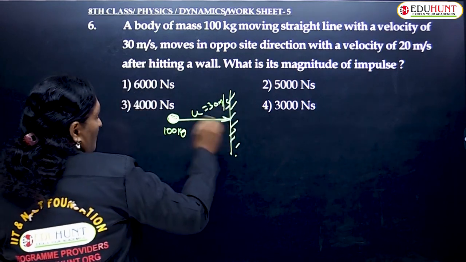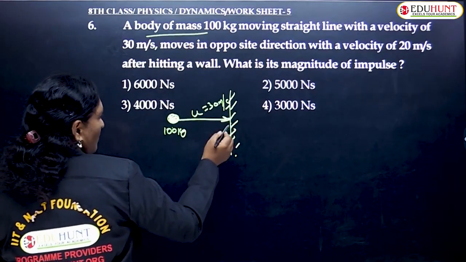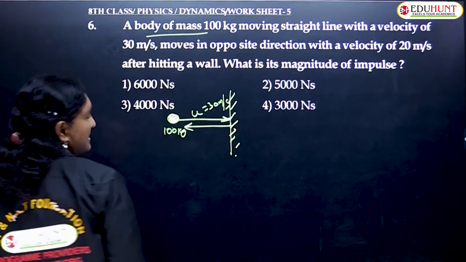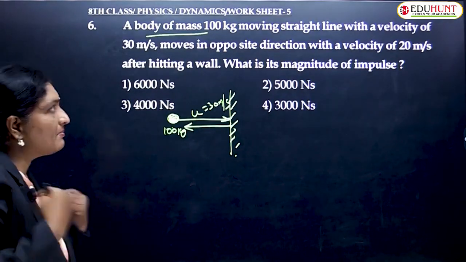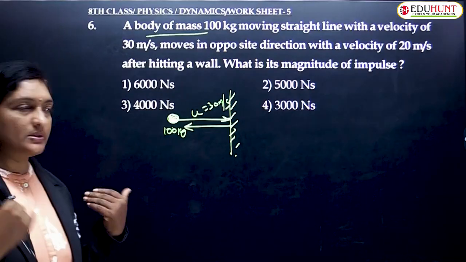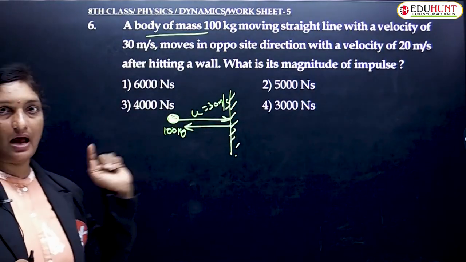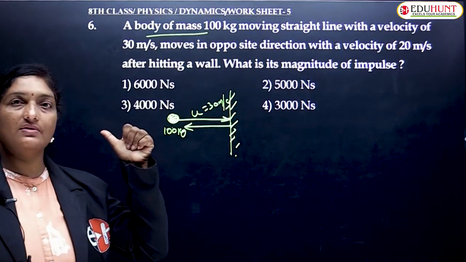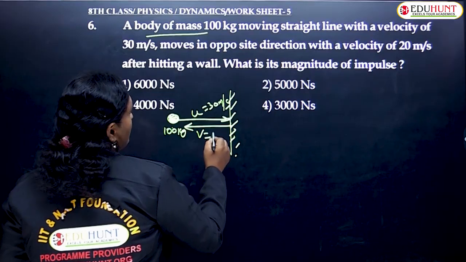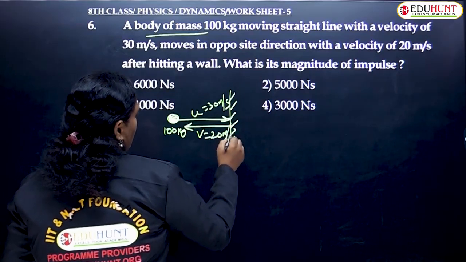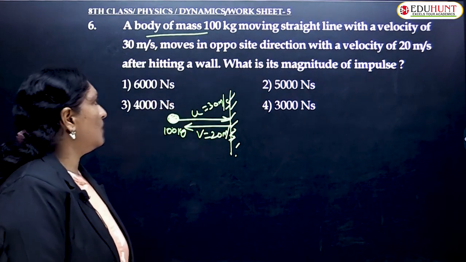Once the body hits the wall, what happens is it moves back in the opposite direction. This is the forward direction, this is the backward direction. After hitting, it travels in the opposite direction. With what velocity did they give? 20 meter per second. So initial velocity is 30 and final velocity is 20.